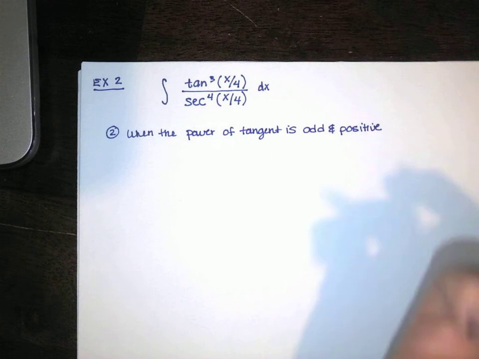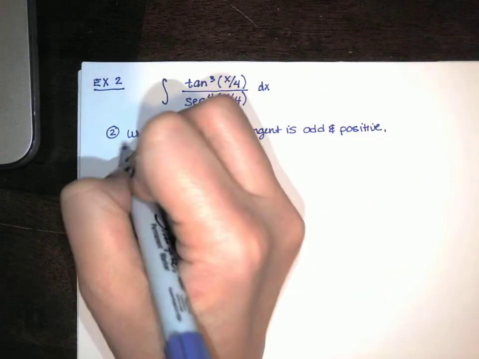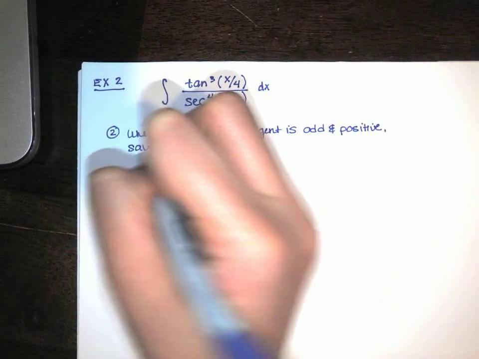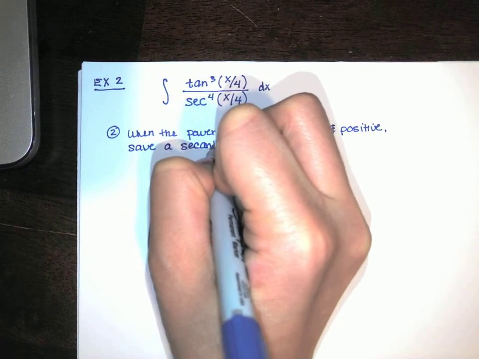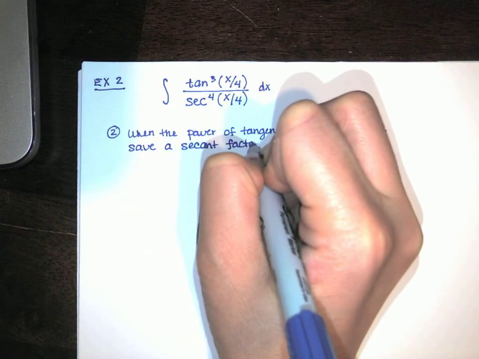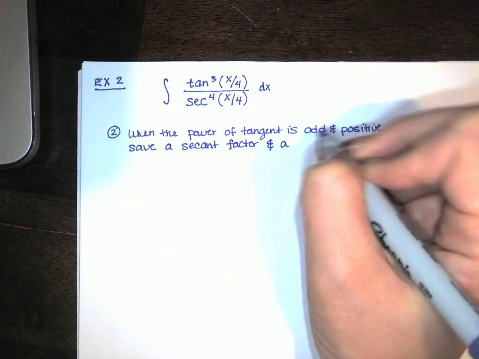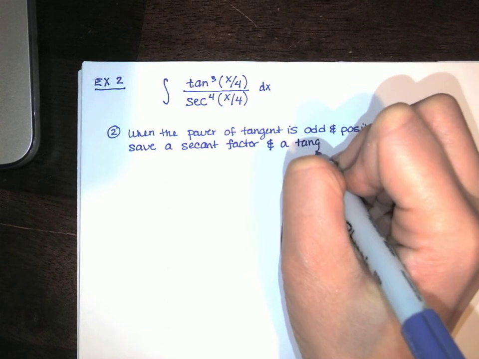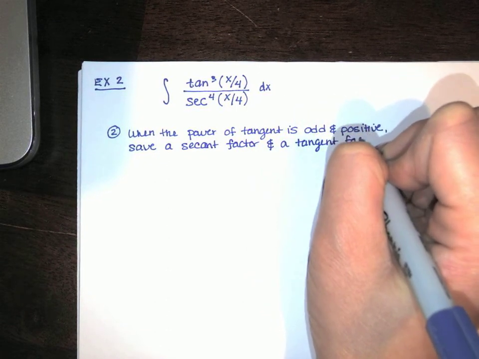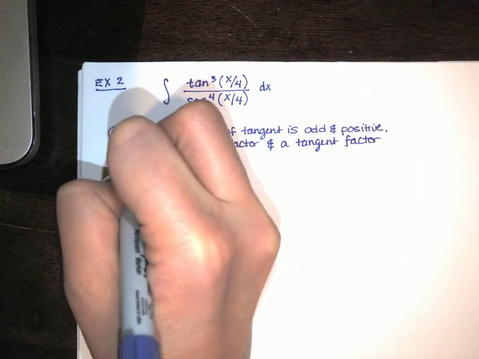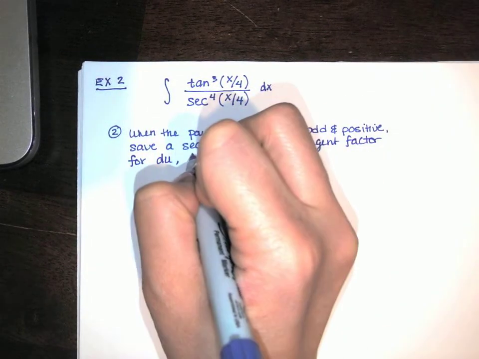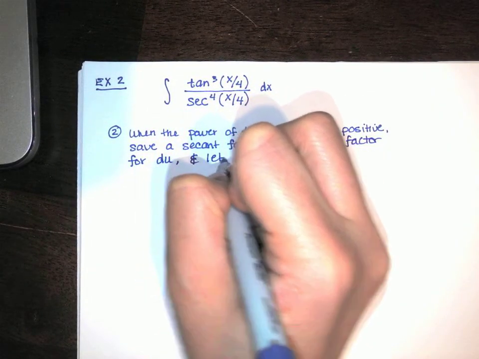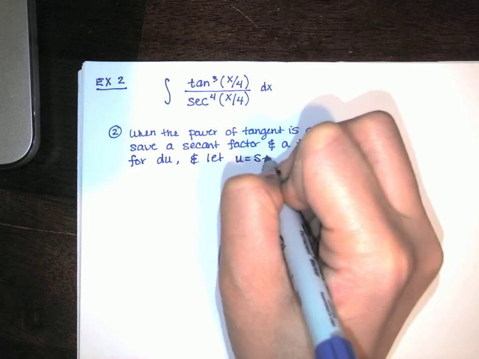In that case, we can save a secant factor and a tangent factor for du and let u equal secant of kx.